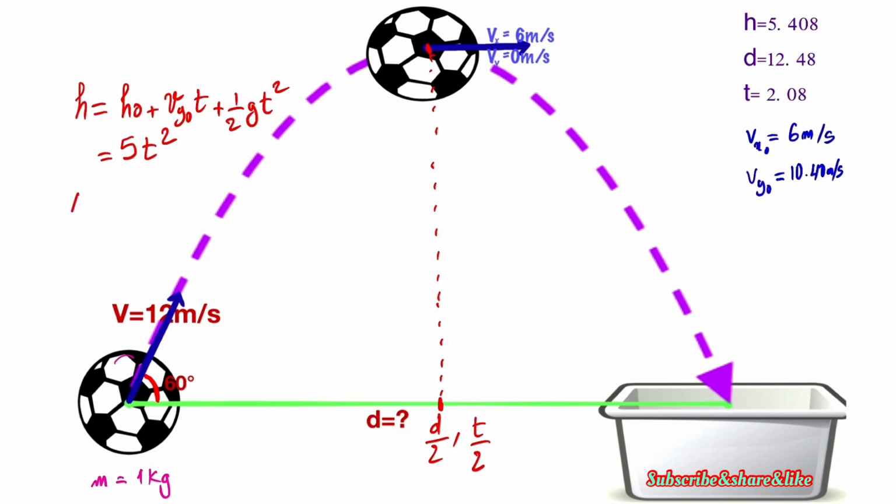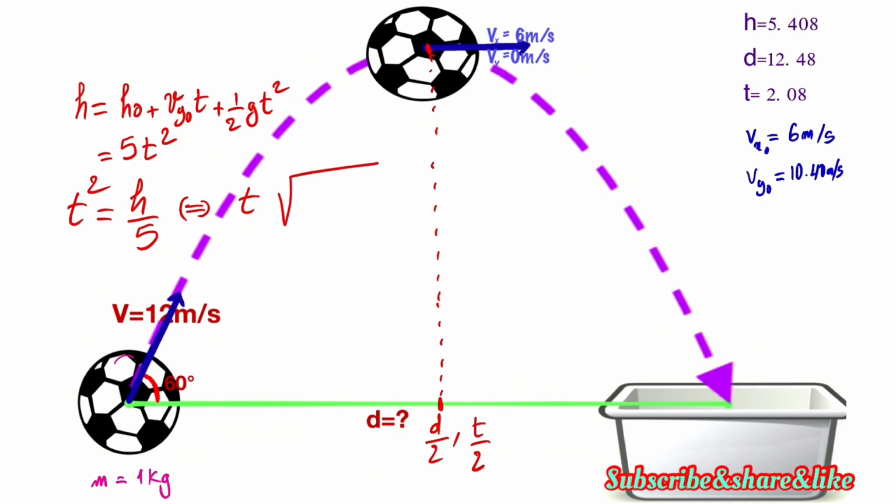Therefore the time we're looking for is t equal to the square root of h over 5, and h, how much we found, is 5.408, divided by 5.